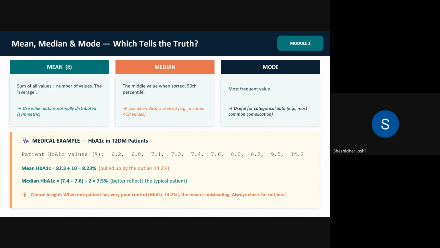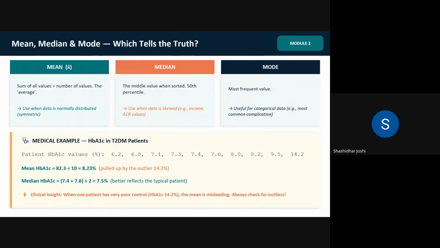So let's look at this example, HbA1c in type 2 diabetes patients. I put some data here. Patient HbA1c values range from 6.2 to 14.2. Now the mean value, as I told you, what is the formula?